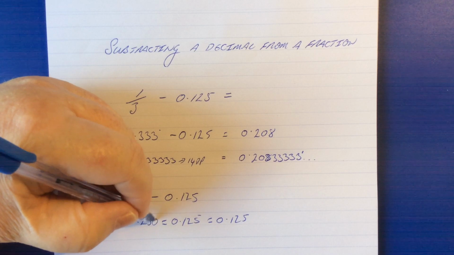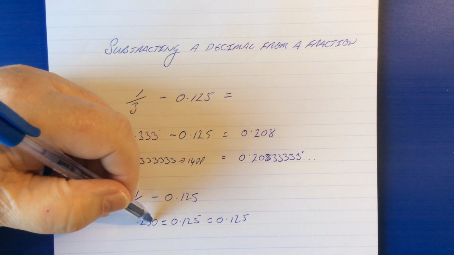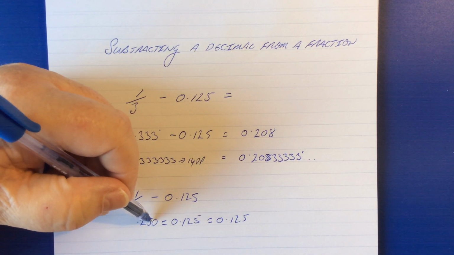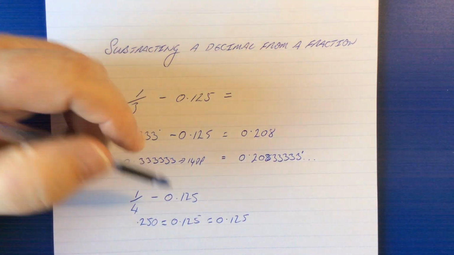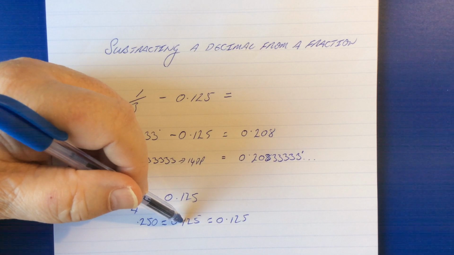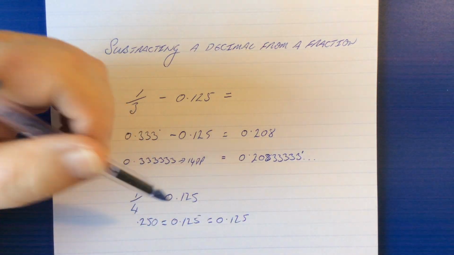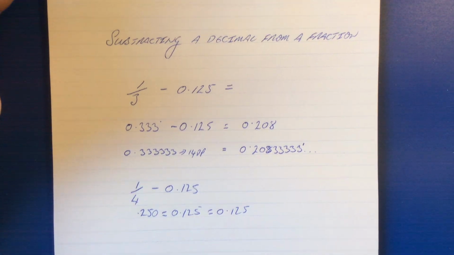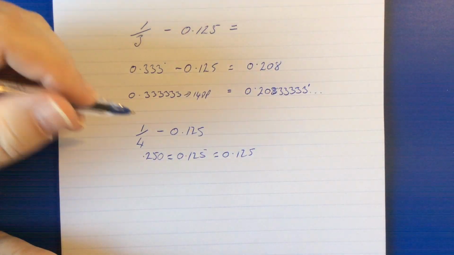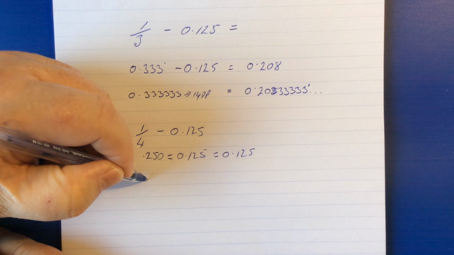We could write this with a 0 here, and it's still 0.25. It's still a quarter. It's just 0.250, greater level of accuracy. We subtract 0.125 from that, we get that. Now, this leads the way to a qualitative choice that should be made.